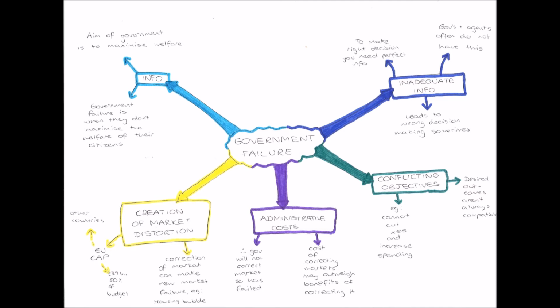Next, we have conflicting objectives, and sometimes the government cannot always meet its aims because its desired outcome of maximising welfare isn't compatible with what's going on currently. So for example, the government cannot cut taxes and increase spending at the same time. Those two don't really go together, because if it cuts taxes, it doesn't have the money coming in to increase its spending.